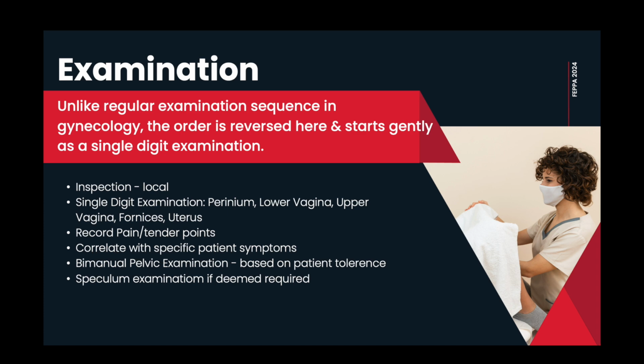Record pain or tender points here. Correlate with specific patient symptoms. And then, if the patient allows you, go ahead with a bimanual pelvic examination, and if required, a speculum examination can be performed at the end.